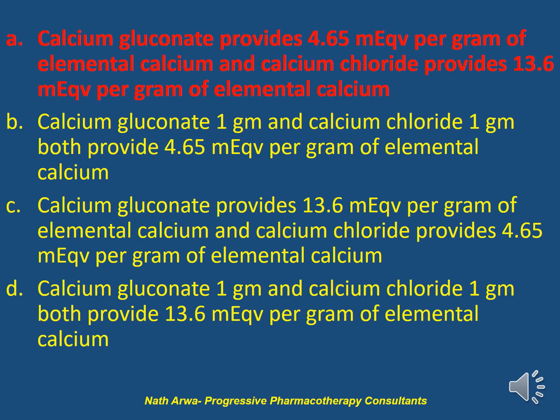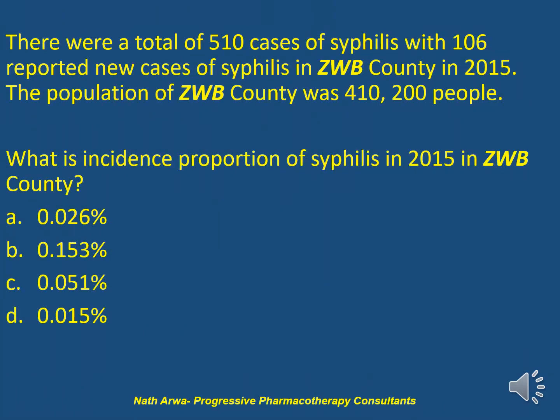Let's move to the next question, which reads: there were a total of 510 cases of syphilis with 106 reported new cases of syphilis in a county called ZWB in 2015. Now the population in that county was 410,200 people.